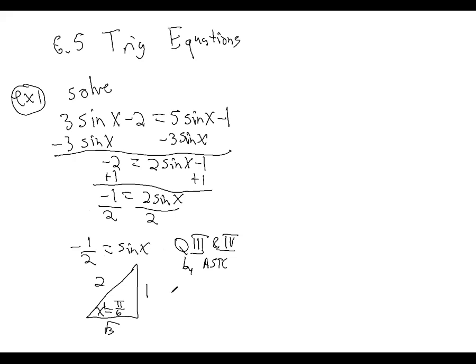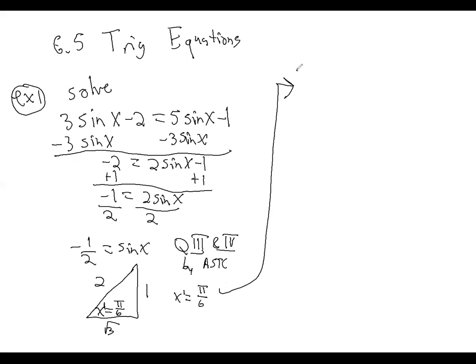So our reference angle is pi over 6, but we're in quadrants 3 and 4, so we need to put that in quadrants 3 and 4. Just go up here.